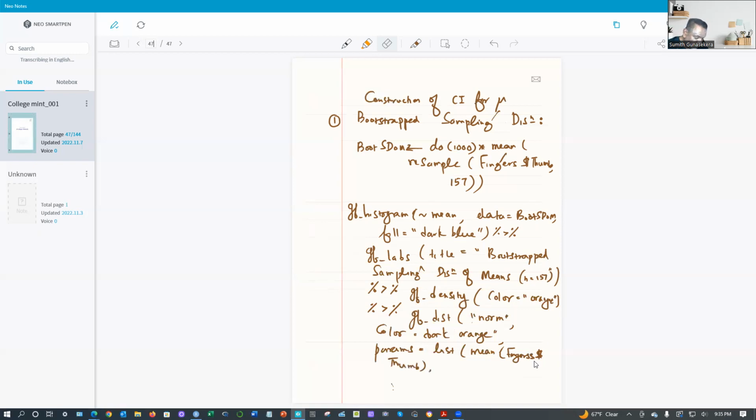The same way you can do the standard deviation: go to fingers, go to thumb, close it, list, and params.